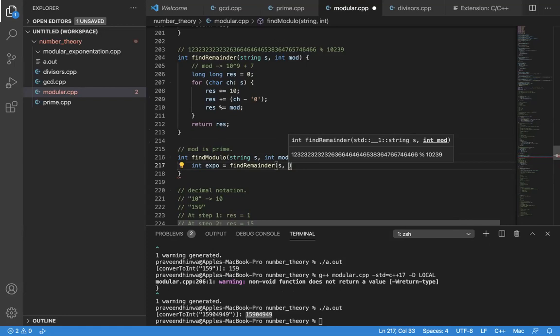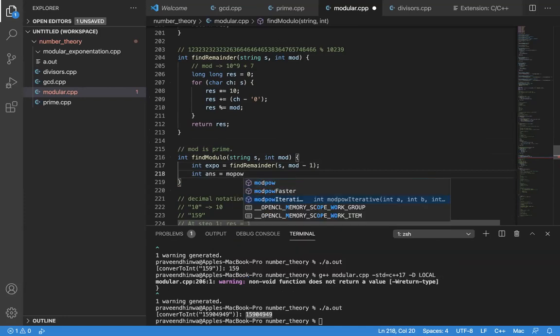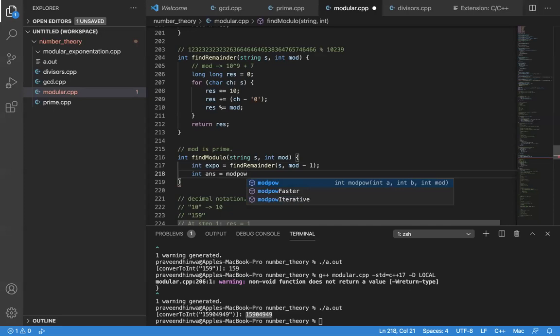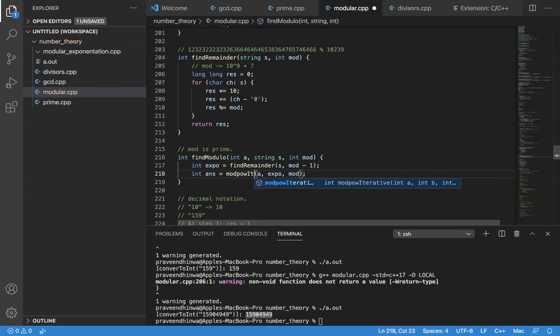Mod -1. Yeah, mod -1, and your answer would be mod pow iterative. So this number a power, this was exponent, let's say. So a is, let's say, int. So your answer would be mod pow of a power expo mod. Return. So this would be your entire code, if your mod is prime.